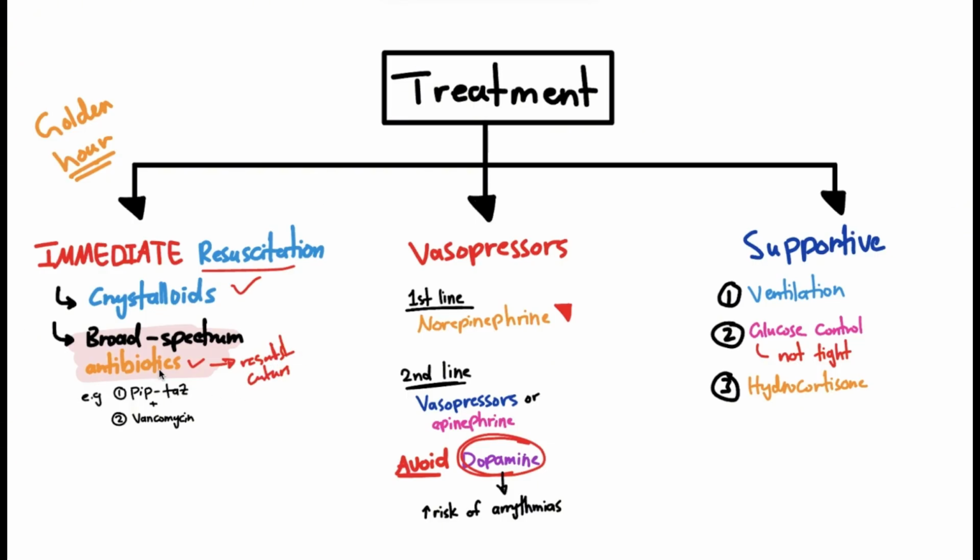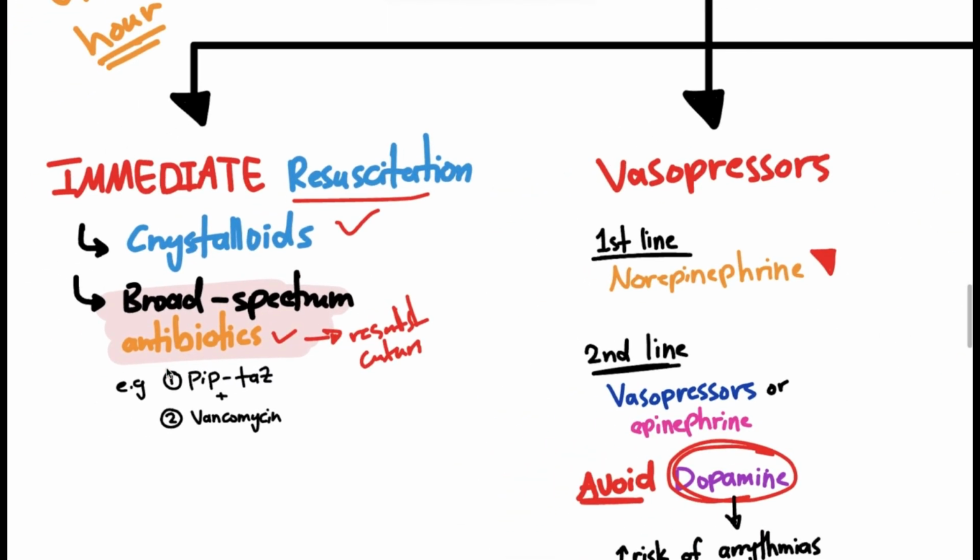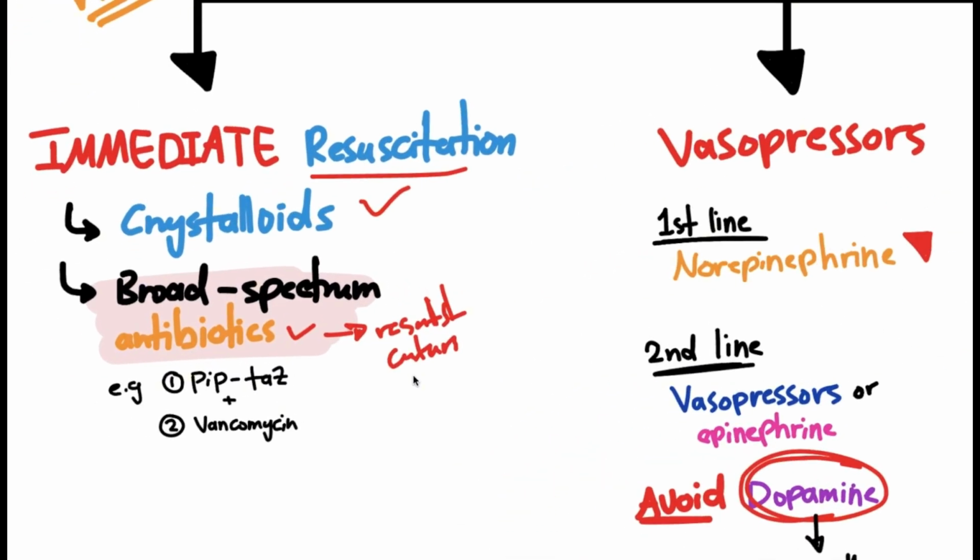Now, typically, for the broad spectrum antibiotics, we give Pip-Taz, which is piperacillin tazobactam, and vancomycin. This is going to make sure that we're covering gram-negative bacteria. And one of the most important gram-negative bacteria that we have to cover is Pseudomonas.